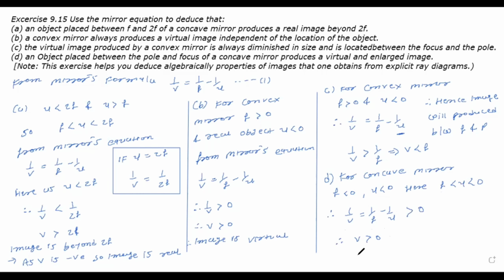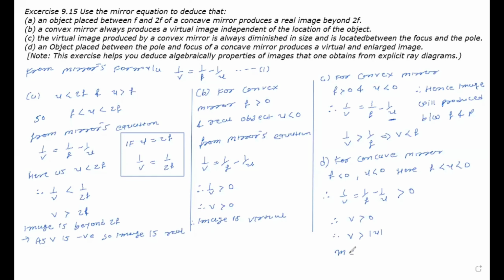As v is greater than 0, and u itself is negative and v is positive, in short we can say v is greater than u. Hence, the magnification m is equal to, as we know, v by u.